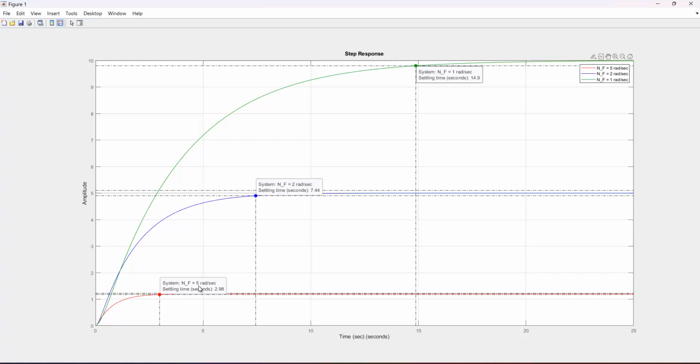This is the comparison of our system parameters, a representation of the difference between the natural frequency characteristics.